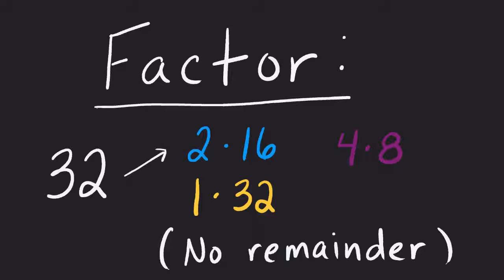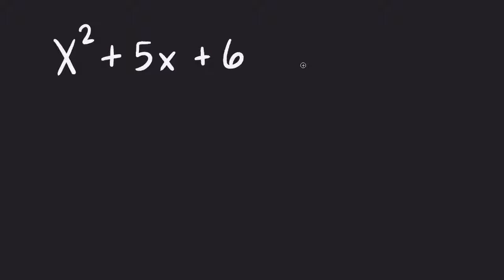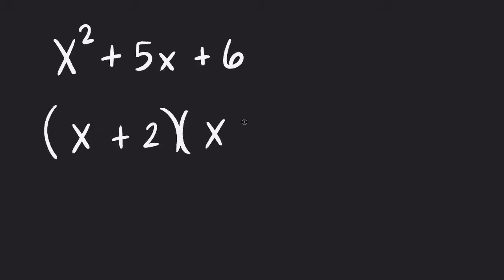Now, later on when we get a little bit more advanced, we could have something like this. We could say that x squared plus 5x plus 6, that quantity, or that term, this whole term here, could factor into x plus 2 and x plus 3.